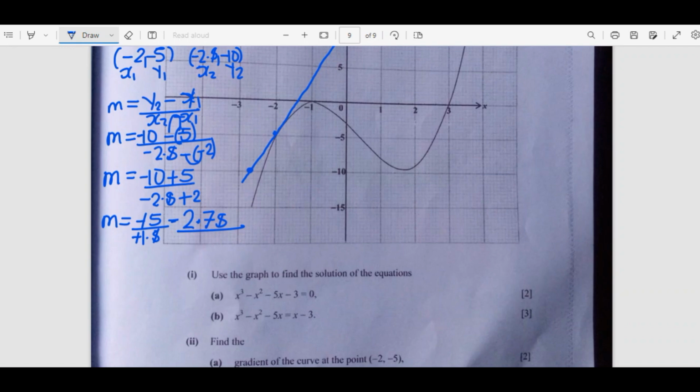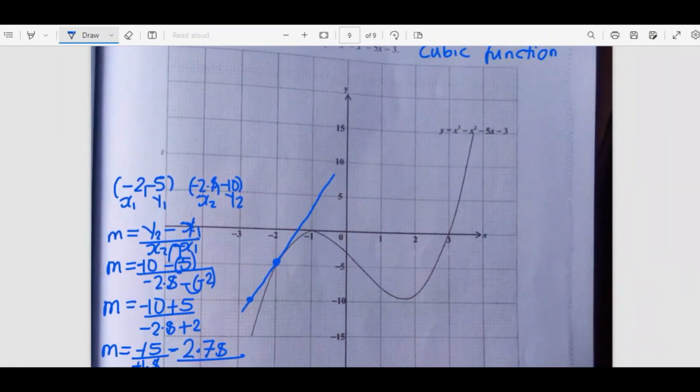Now, let's say we want to use calculus to find the actual gradient, because with calculus we can find the gradient at this point, since we have been given the coordinates. So let's go back to our original equation. How do we use calculus to find that?